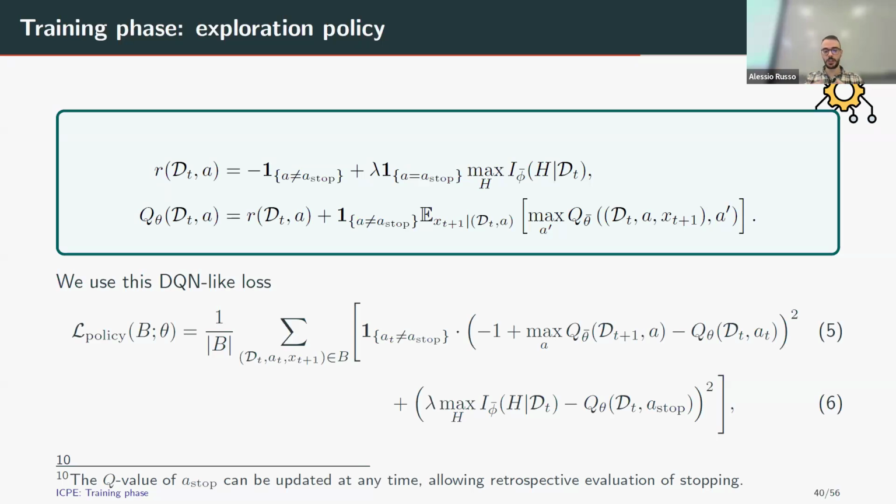And for each partial trajectory, we can always evaluate what would have been the value of stopping at that point in time. So we can add this additional term to improve the efficiency of learning. And instead, this initial term accounts for the fact that maybe you didn't stop. And so you have the penalty of -1 for not having stopped at that time step.